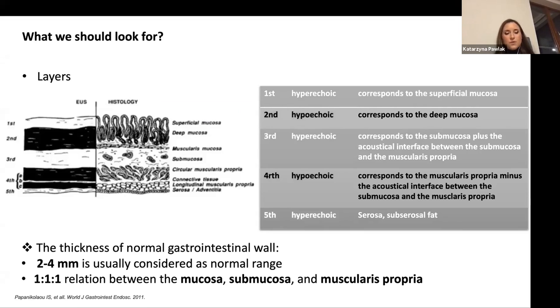And also, it's good to know the normal thickness of the gastrointestinal wall. We should remember about 2 up to 4 millimeters, which is usually considered the normal range, but also the relationship between the mucosa, submucosa, and muscularis propria can be very helpful to assess the thickness of the normal gastrointestinal wall.